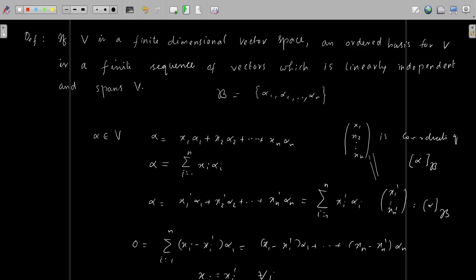This is the basic idea of coordinates, because while identifying alpha, we collect these coefficients x1 etc., xn. This is enough to represent alpha. So for any alpha belonging to V, the coordinates are unique. There is a unique expression for alpha as a linear combination of elements of the ordered basis B.